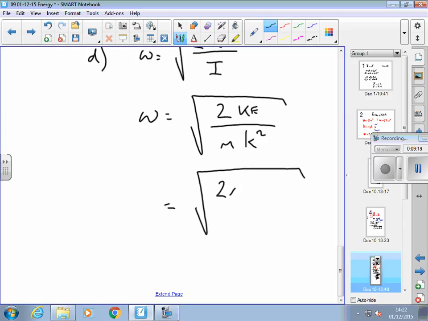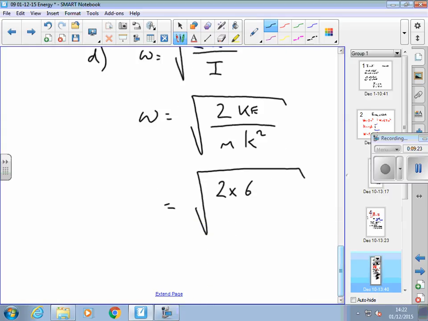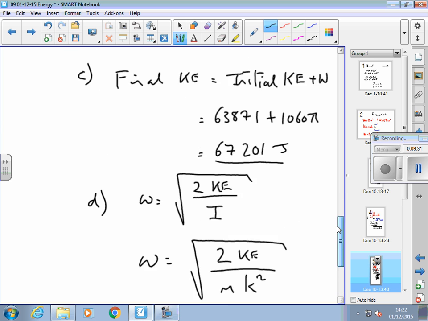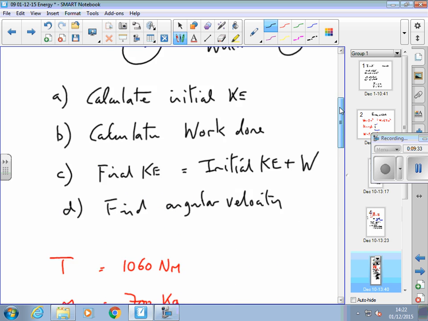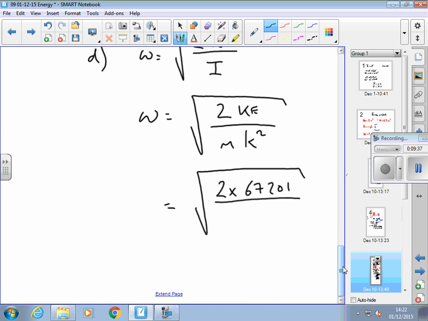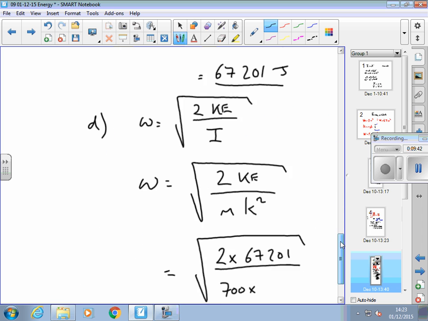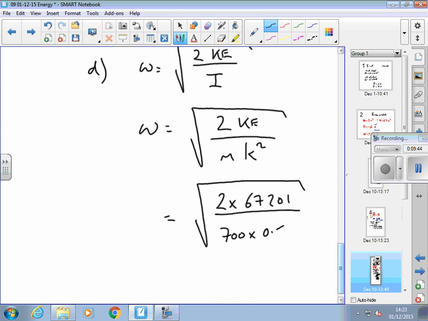2 times 67,201 over, because the calculator allows us to do this, mass, which was 500, I think, was it? 700, times the radius of gyration, which is 0.5 squared.